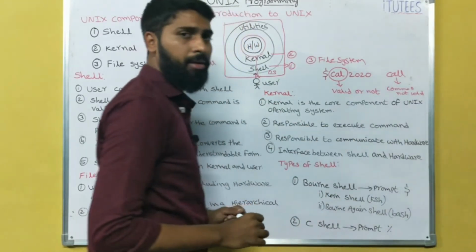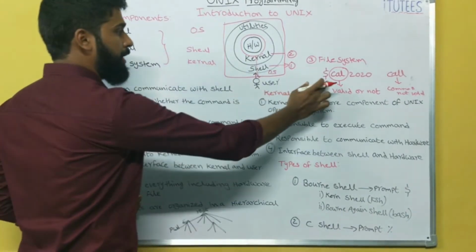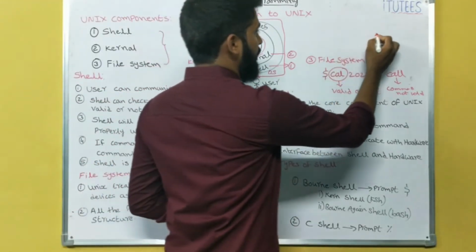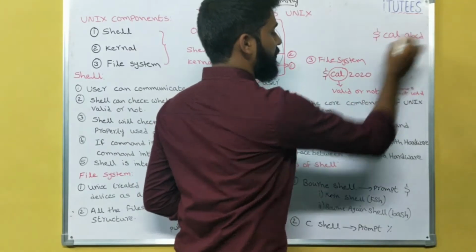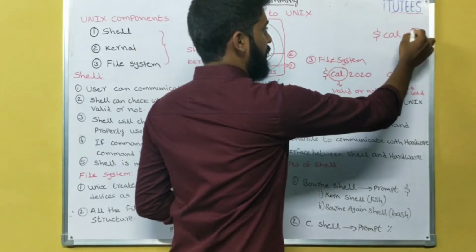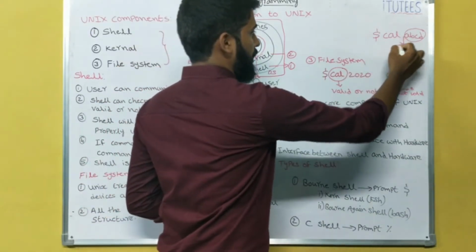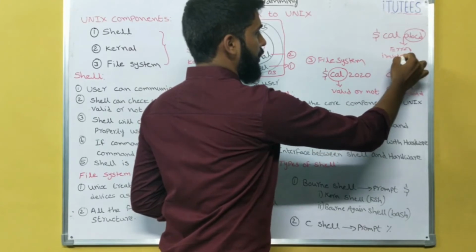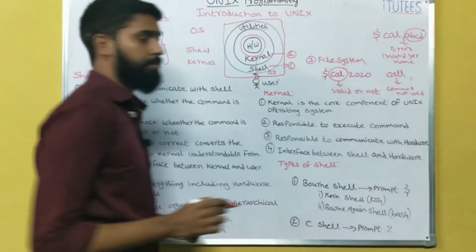If it is a valid command, then it executes. And if I enter cal ABCD, there is no error with the cal command itself, but it sends an error message, invalid year name.